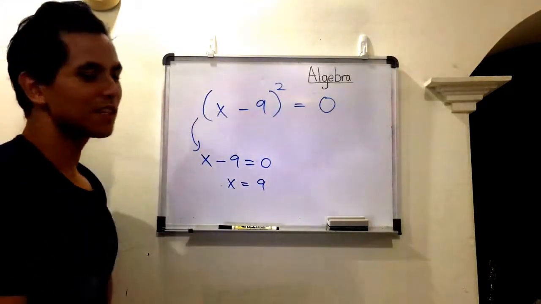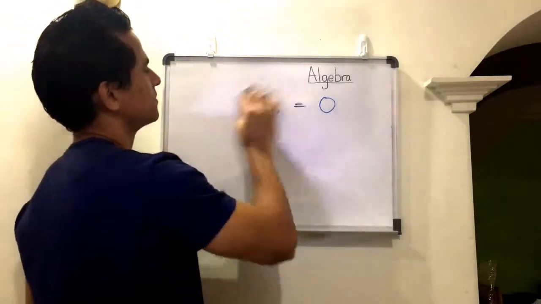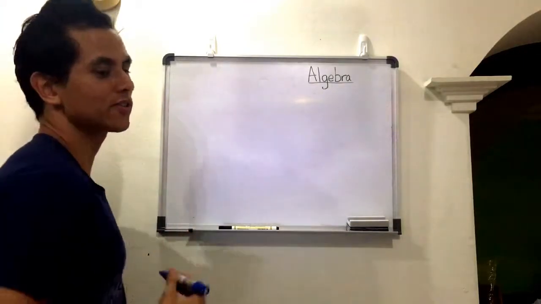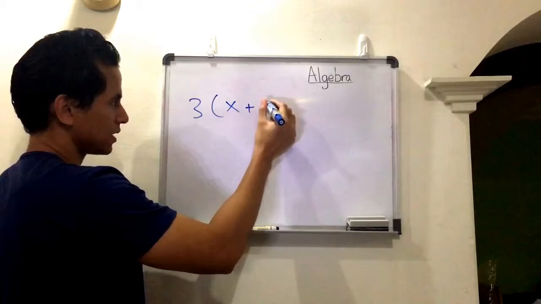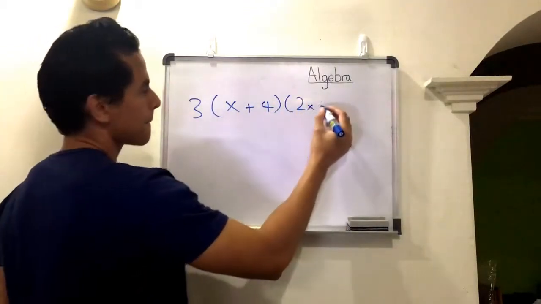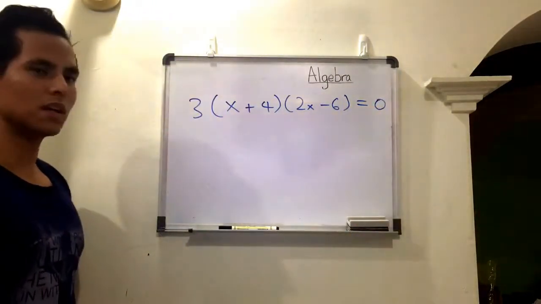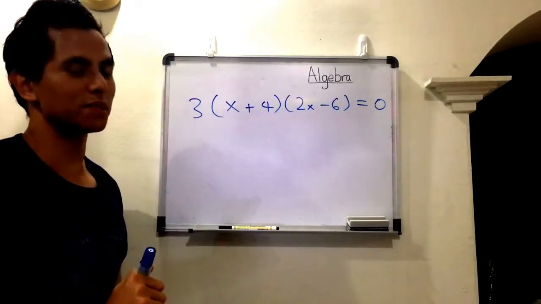Okay, great. So let me move on to our fifth example. I'm going to make it even more different, slightly more interesting. We have 3 multiplied by x plus 4 and 2x minus 6 equals 0. This is strange, right? Slightly different from all our previous four examples.